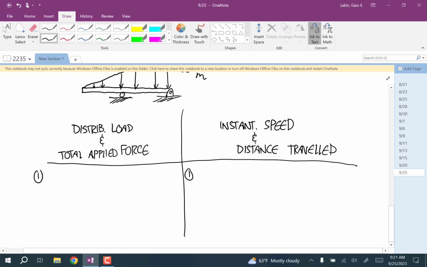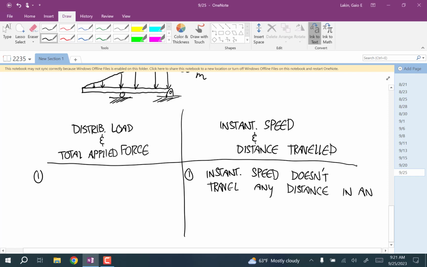So an instantaneous speed doesn't travel any distance at a single instant. In an instant.